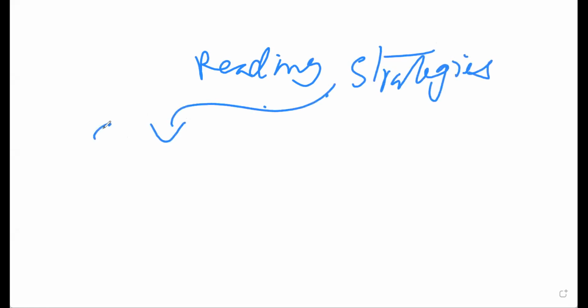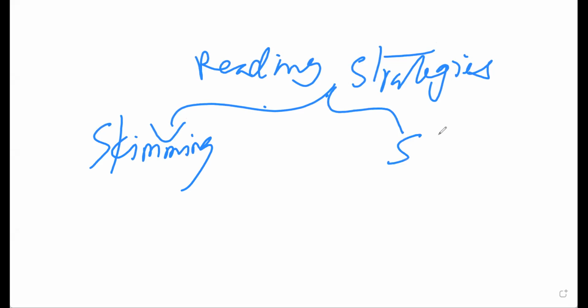We have two methods, skimming and scanning.